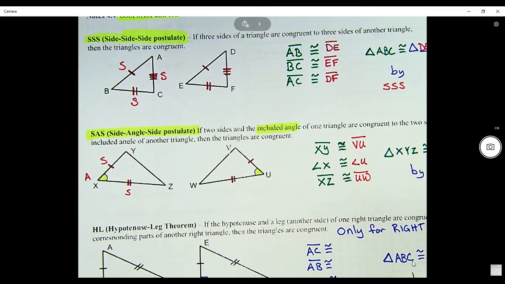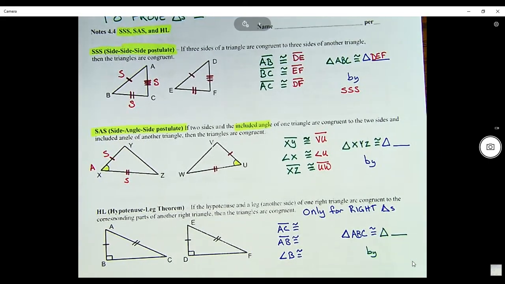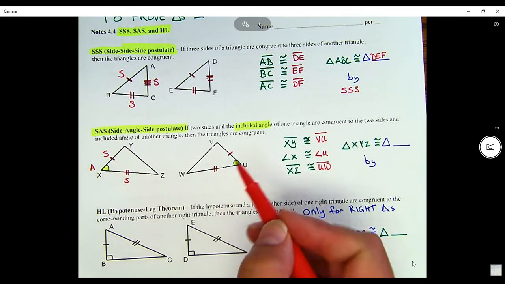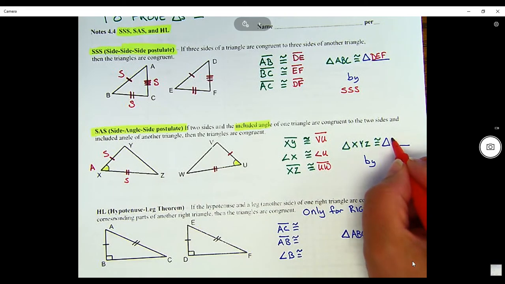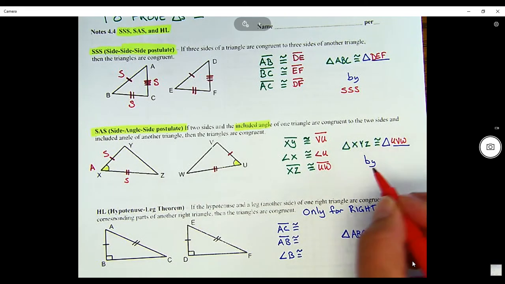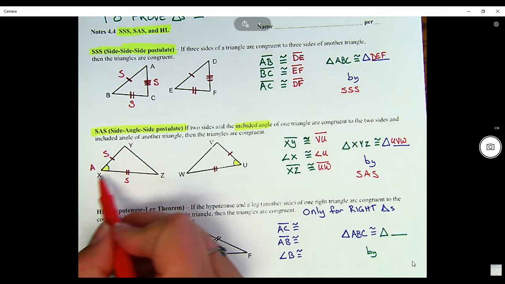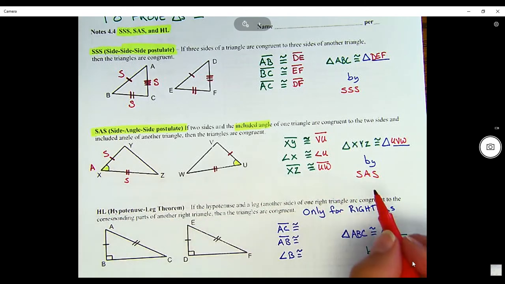So I can conclude, and I'm going to zoom out just a little bit so you can see better, that triangle XYZ is congruent to triangle UVW by side angle side. It's really important that this angle is in between the two sides that you know to be proving things by side angle side.